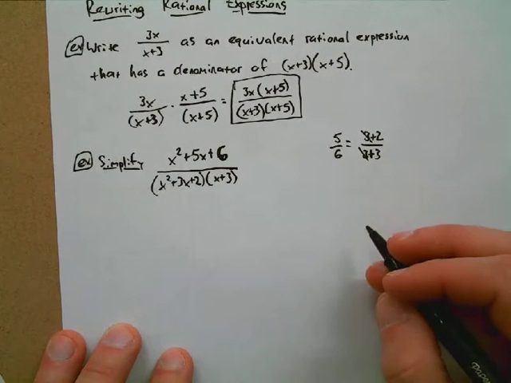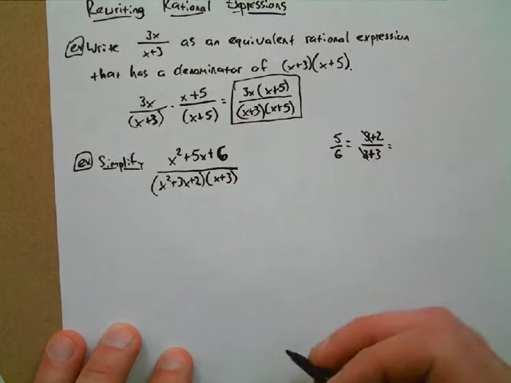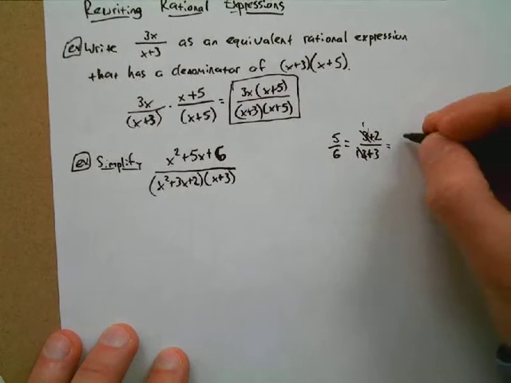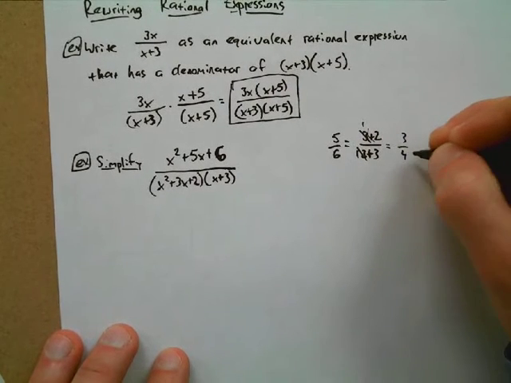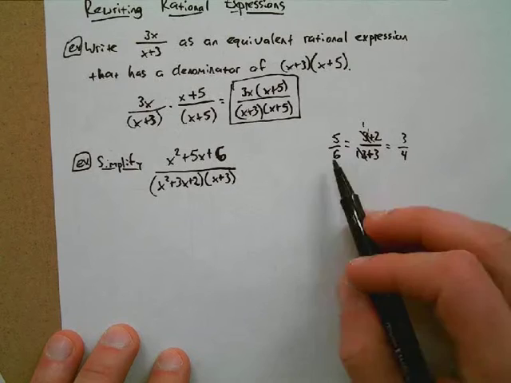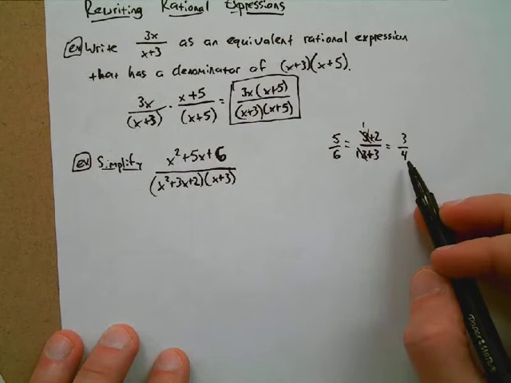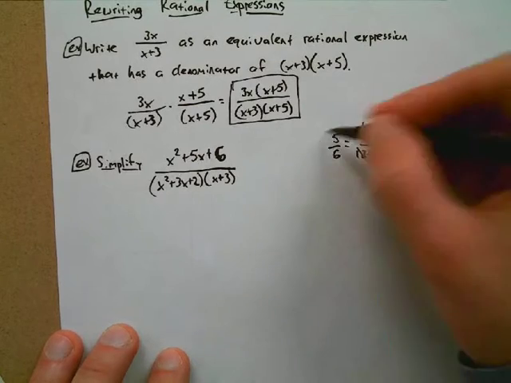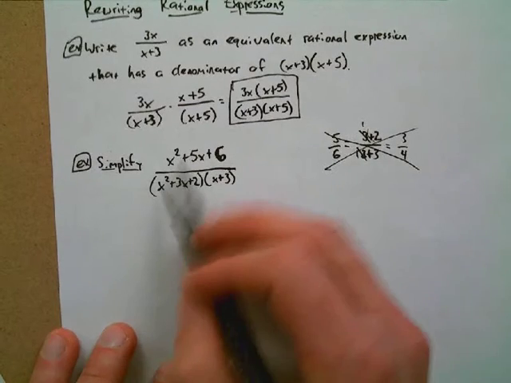Cancel the 3's out, and we get 1 plus 2, which is 3, and 1 plus 3, which is 4. But is 5/6 the same thing as 3/4? Are these equivalent? No. So in general, we can't cancel things out when there's addition.